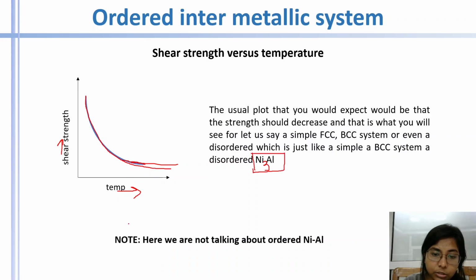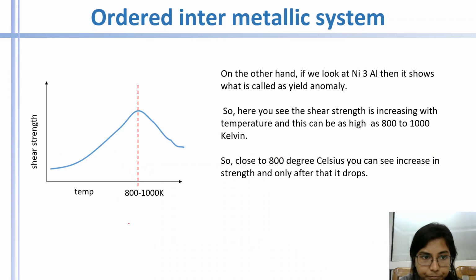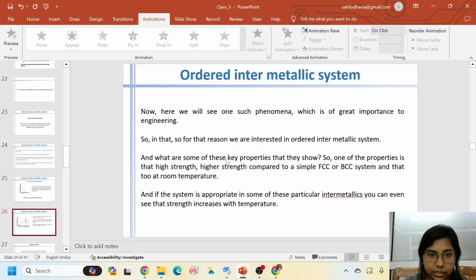But what about ordered systems? Now, if we look at ordered intermetallic systems, then what we see is what is called a yield anomaly in case of ordered systems like Ni3Al.